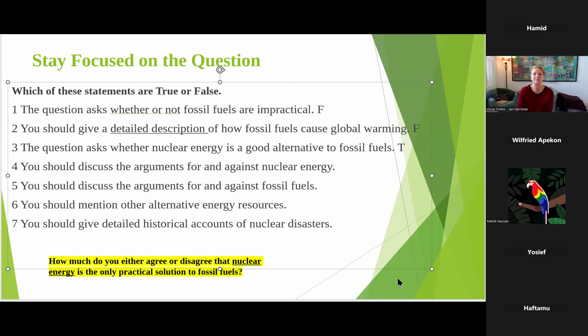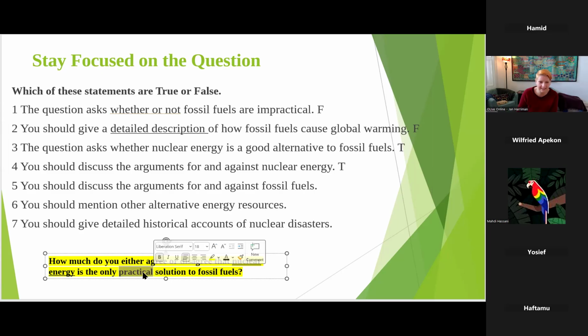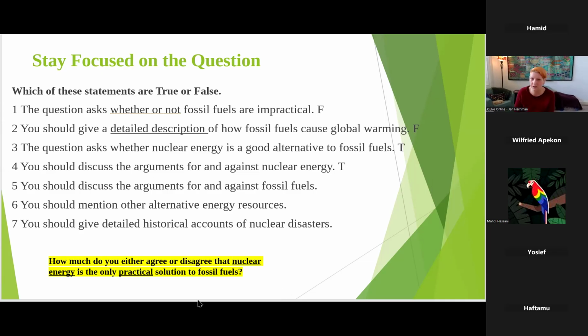Exactly. We have to discuss it to some degree because we need to know whether or not nuclear energy is practical. So yes, arguments for and against nuclear energy are very important for answering that part of the question.